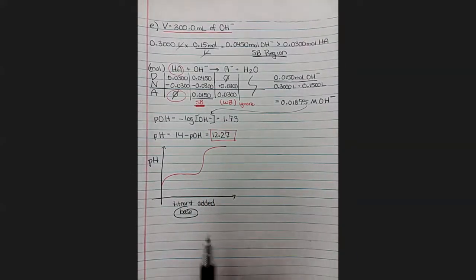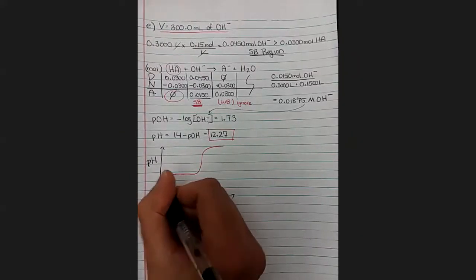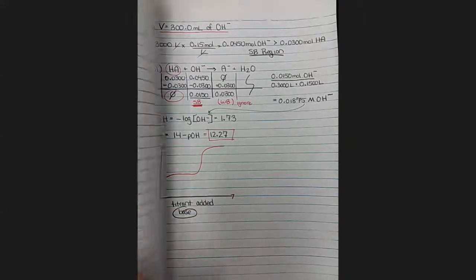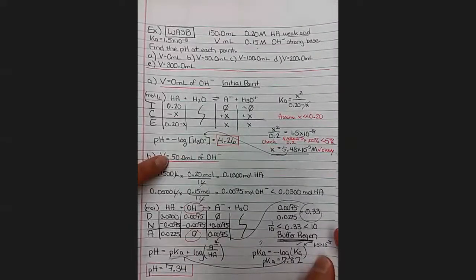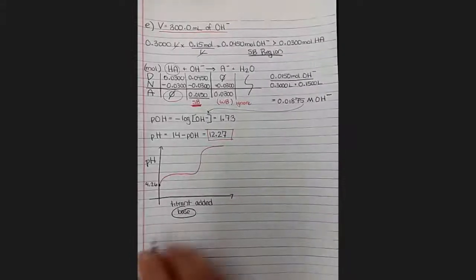And then let's go back and find our numbers to add. So our first number at 0 milliliters, the pH was 4.26. Okay, our second point was at 50 milliliters, and we had 7.34.